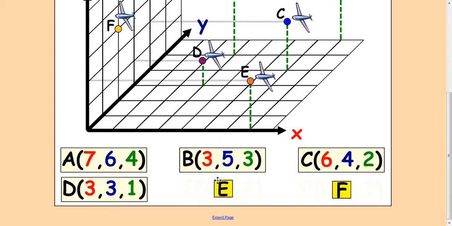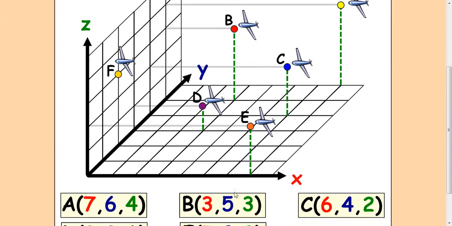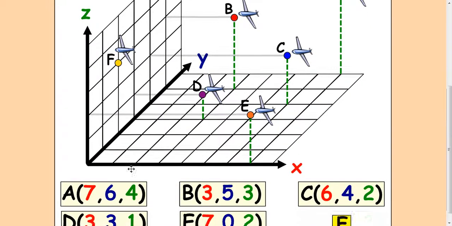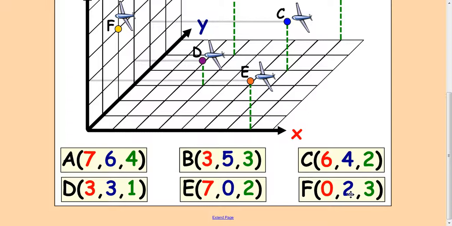It's 2 up. 7, 0, 2. And the last one, F, up here. So on the X axis, you don't go anywhere, so that's 0. Y axis, we go in 2, and then we go up 3 in the Z. So 0, 2, and a 3.